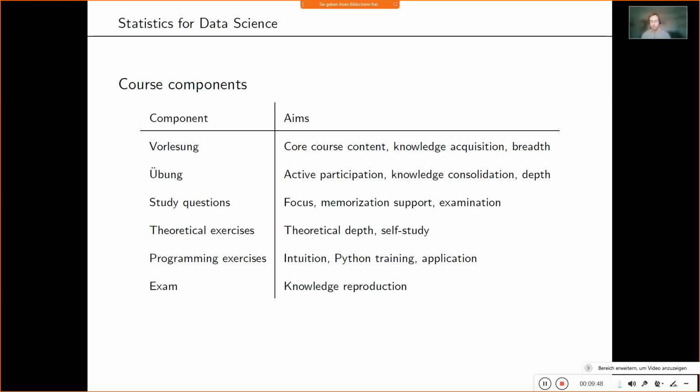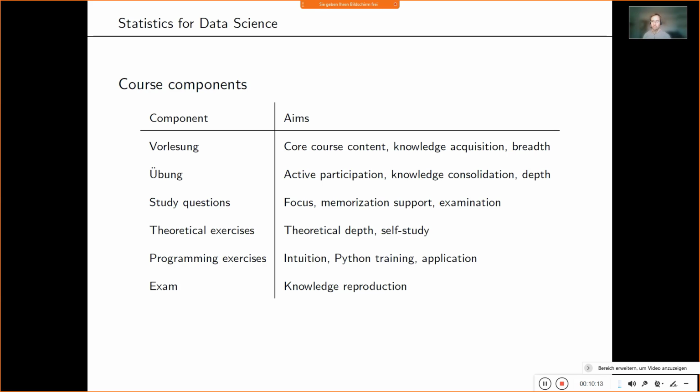There are things that will come with the course, which are the study questions, the theoretical exercises, and the programming exercises. The study questions try to focus on certain aspects of the lecture, emphasize what is important, and will be the basis for your exam. There will be an exam, as I will tell you in a second.